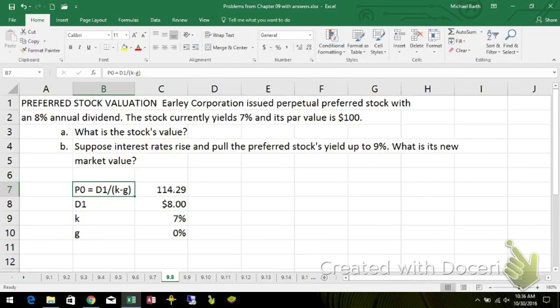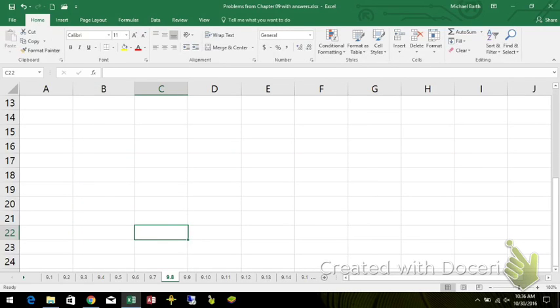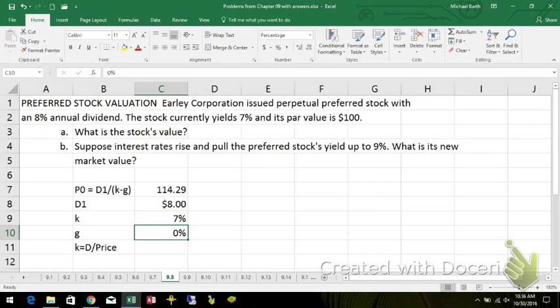If the dividend doesn't differ, then the rate of return is equal to simply the dividend divided by the price. And that's the perpetuity model. So this model and this model for preferred stock are entirely consistent, because the assumption is that the growth rate on preferred stock dividends is 0.